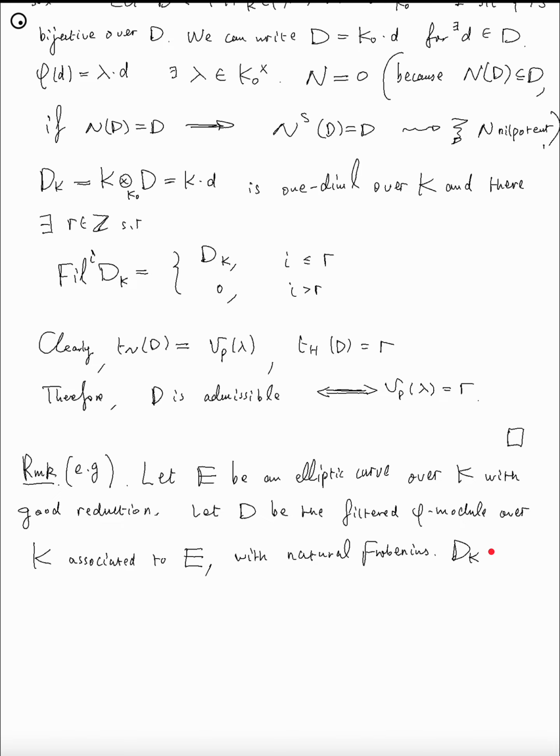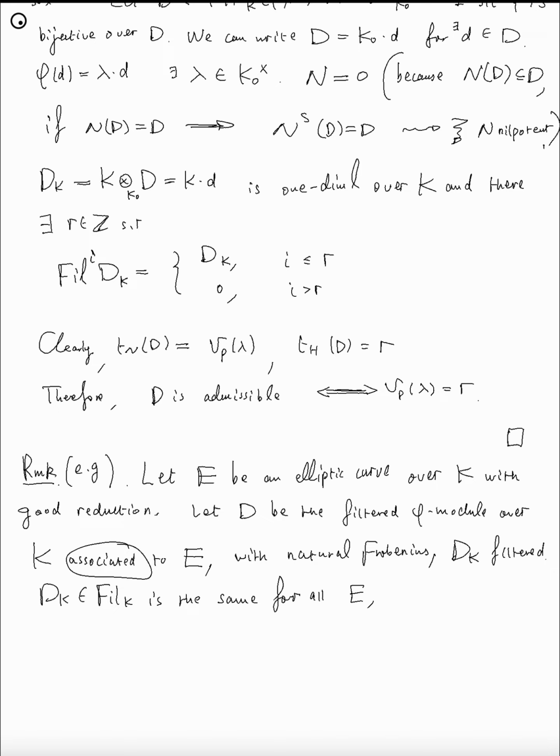And D_K is also filtered then. Then we claim that this D_K is the same for all E. Actually, we haven't explained how to associate a filtered phi module to an elliptic curve, but we'll see that later.